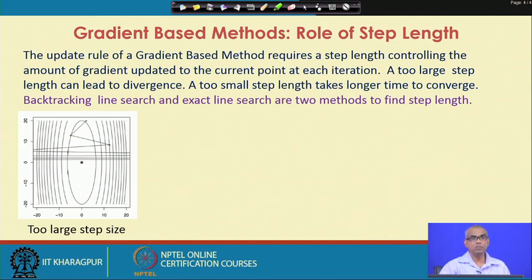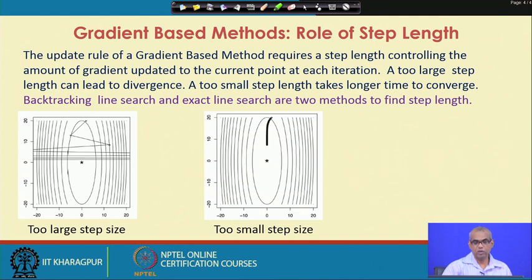So, this is what happens when I use a step length that is too large. You see, the search direction starts oscillating. When you take too small a step size, it takes too long to hit the minimum.